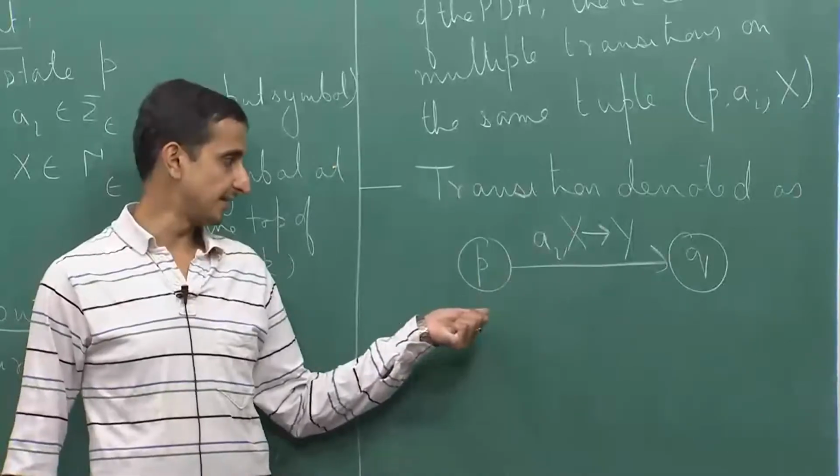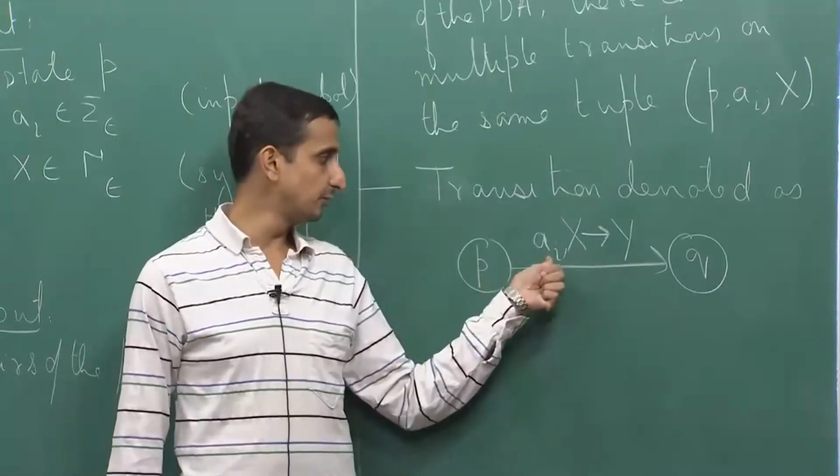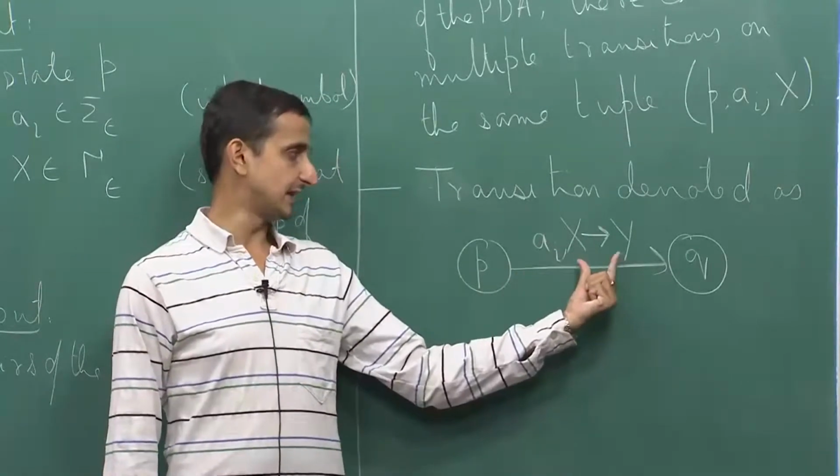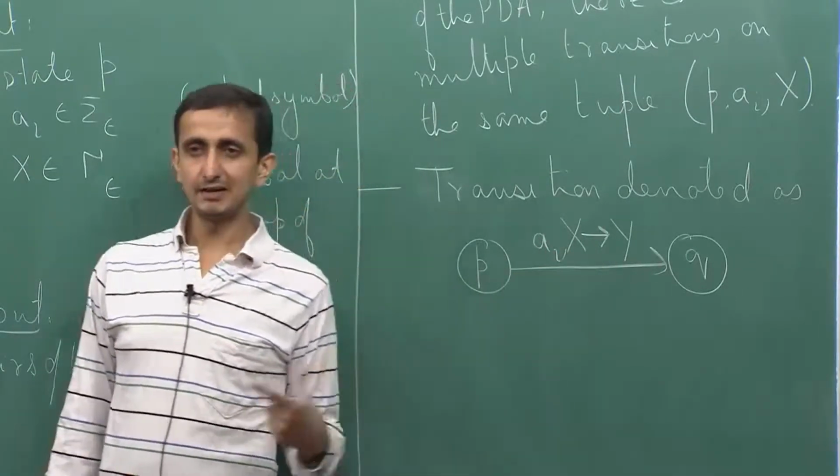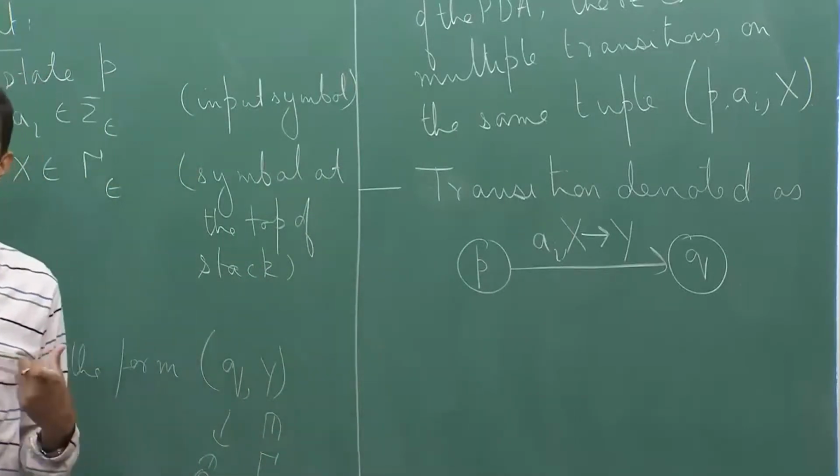In the case of finite automata, we had just from P to Q on a symbol ai, but now we have this additional thing to represent the behavior of the stack.